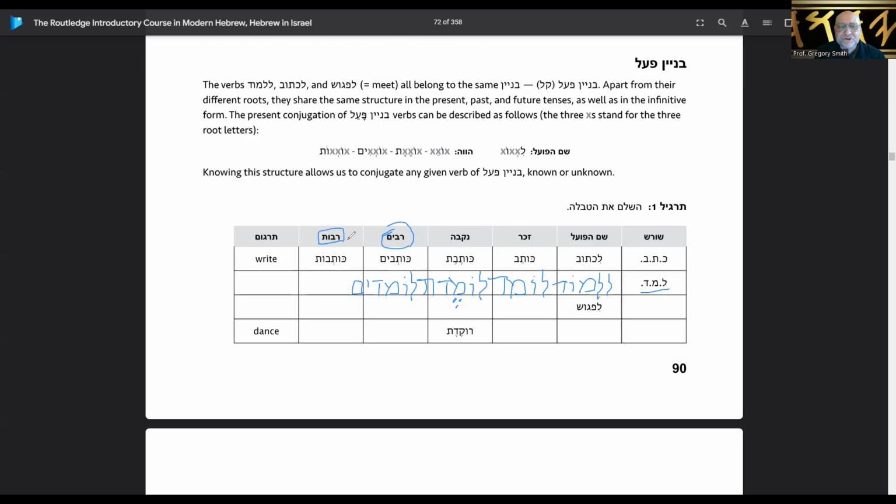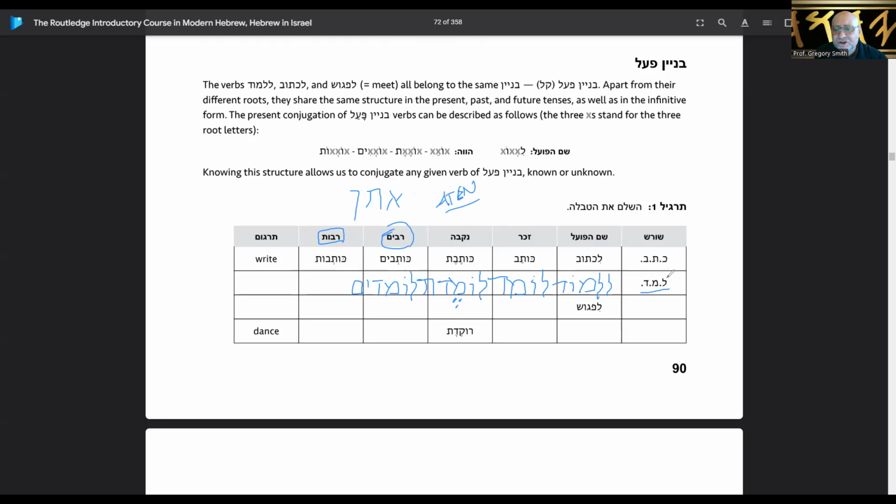Okay. Now, how about this? We got to get something that is strictly feminine plural. So we could say you all are studying. We would use aten for that, for the pronoun. Aten means you all, and it strictly refers to many women studying.